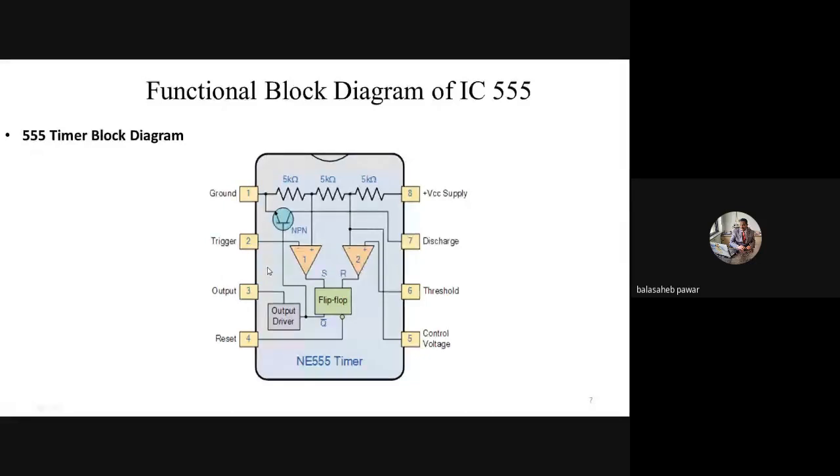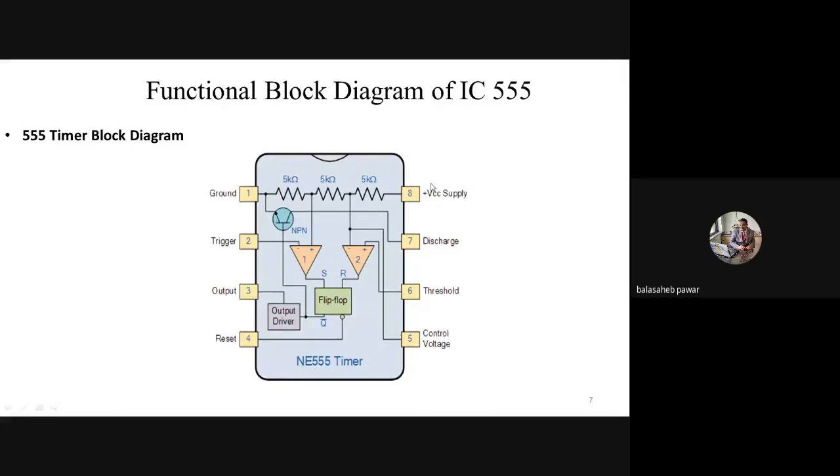You will observe for the first comparator, the non-inverting terminal is connected at the node, right? So how much will be the reference voltage for comparator 1? And that will be fixed. As we are saying, the reference voltage should remain fixed. And why will it remain fixed?